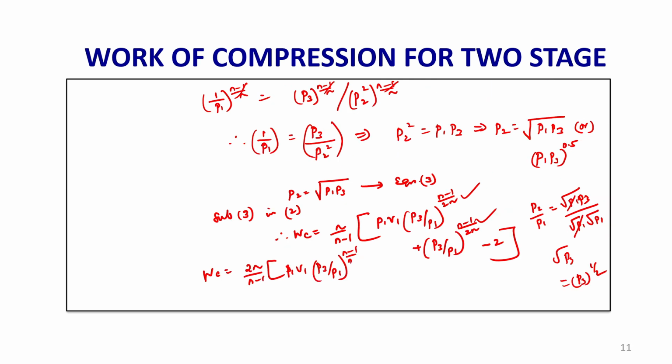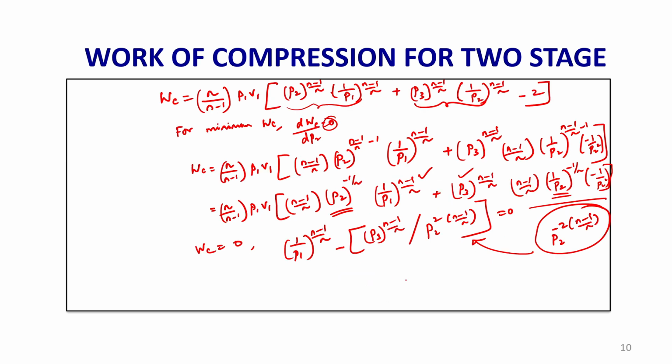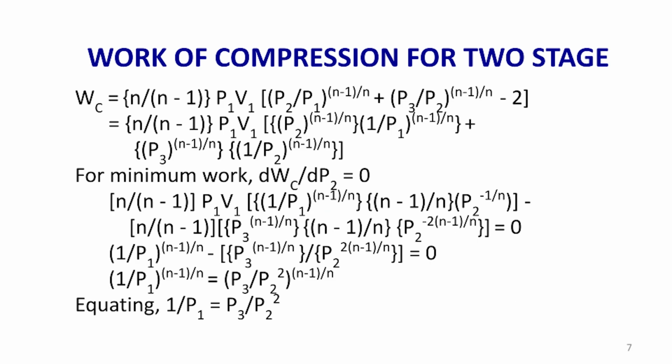These terms are common. Since I have taken 2 outside the bracket, this term will become minus 1 and this term will become minus 1. This is equation number 4.